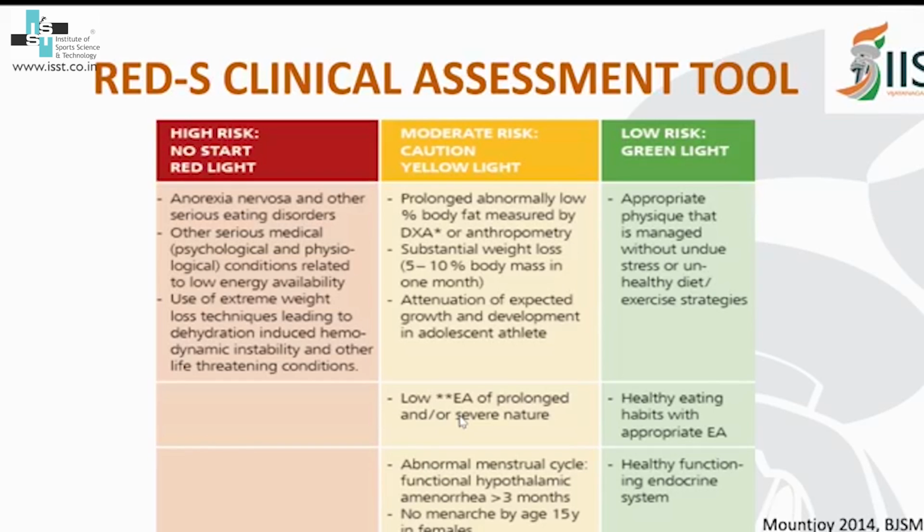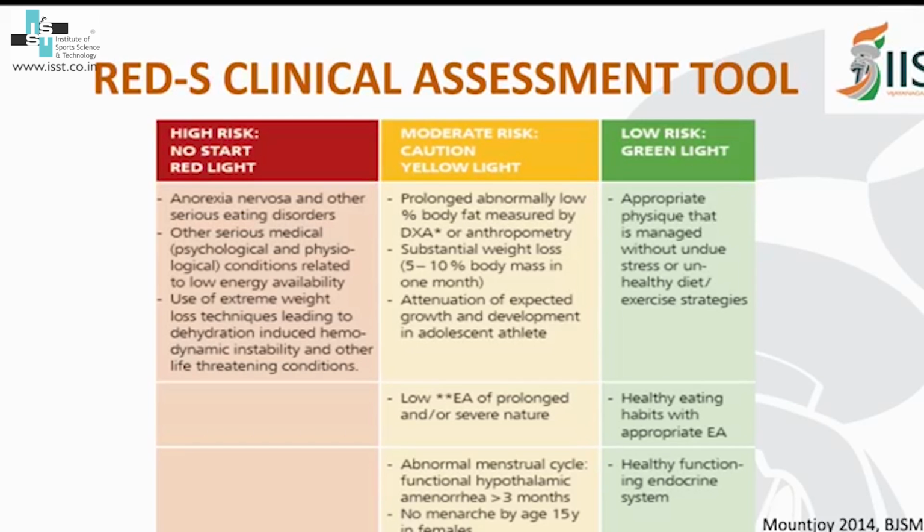Similarly, if we have an athlete with low bone mineral density, or not getting her periods for 3 months or more, amenorrheic for more than 3 months, or not reaching menarche by the age of 15, the athlete is going to tend to fall into a yellow light category, which is moderate risk.